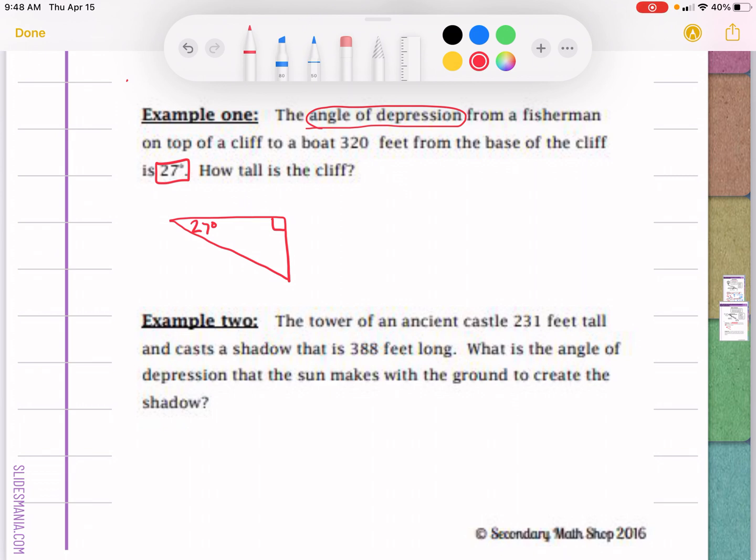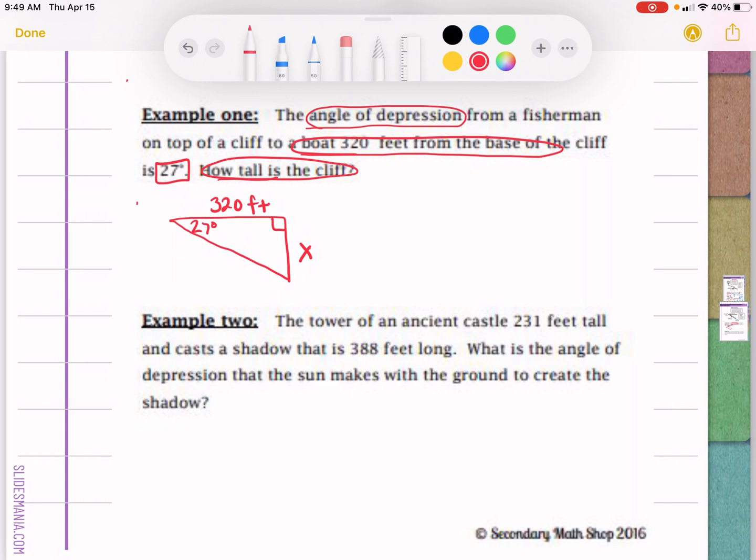If that's how far it is from the base, that's how far it is horizontally. So that would be 320 on my horizontal here. And we want to know how tall is the cliff. How tall would be the height, the part that goes up and down. Since we don't know that, I would put an X on that side.